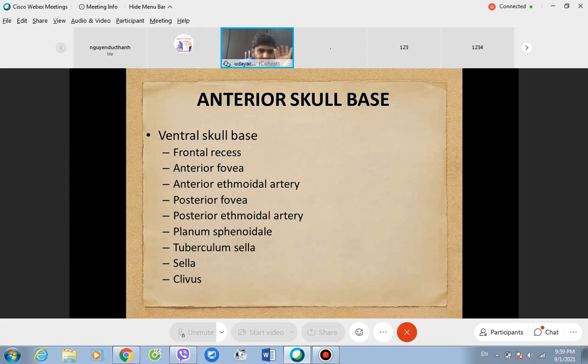Starting from the frontal recess, the landmarks which one can see are the frontal recess, anterior ethmoidal artery, posterior ethmoidal artery, and sella. But there are a number of landmarks and names to be followed between these.